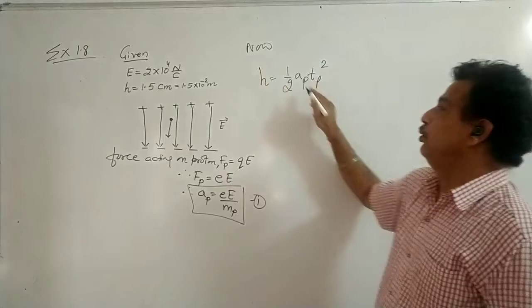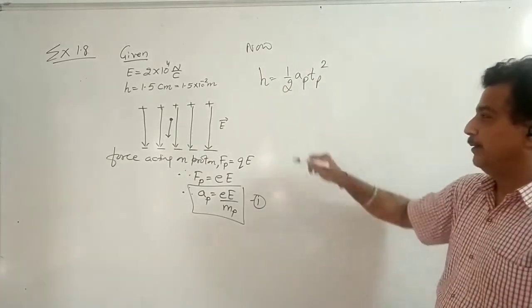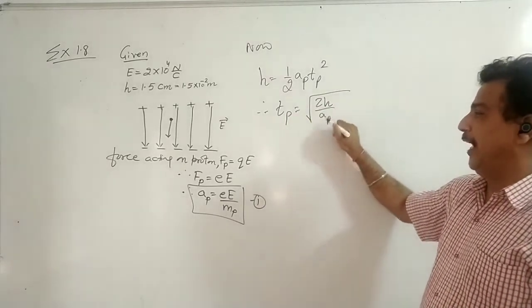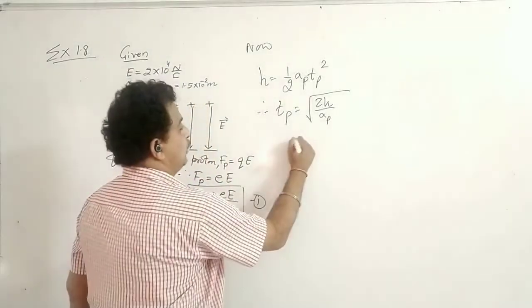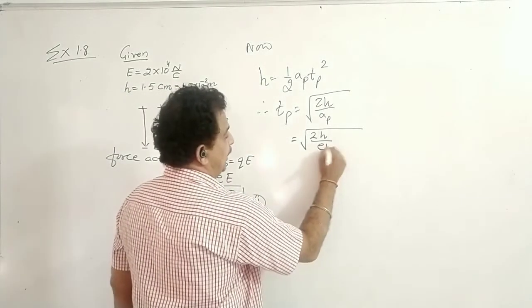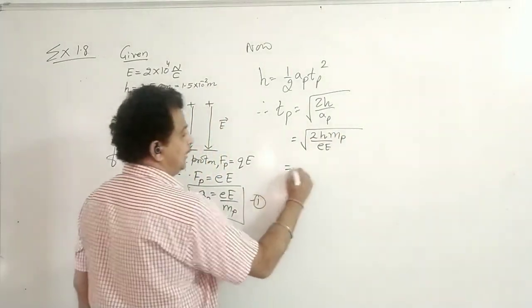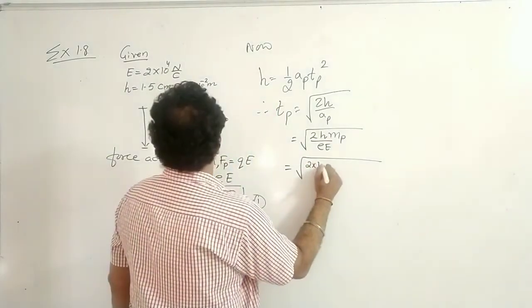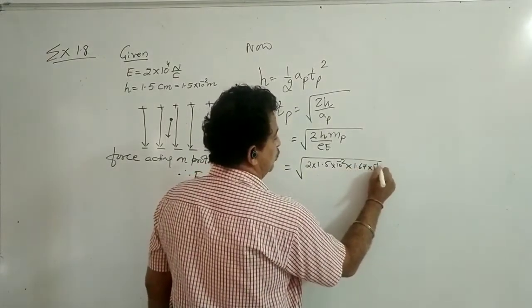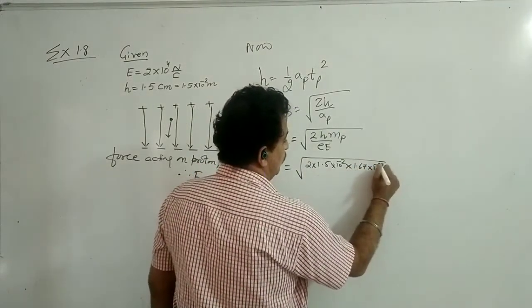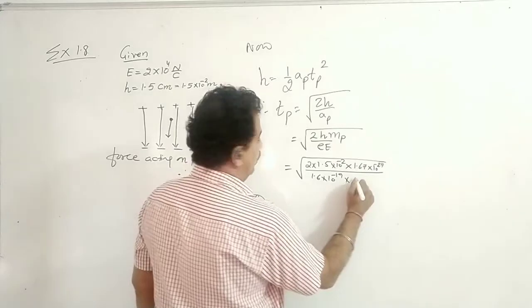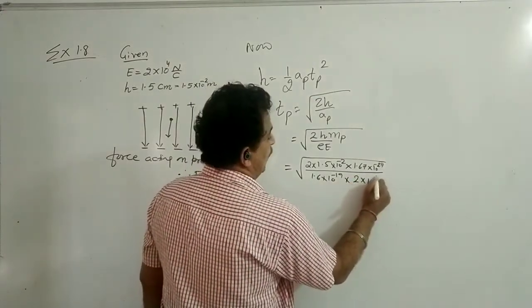Now again we have to find out the time of fall of a proton. Therefore t_p is equal to under root 2h upon the acceleration of a proton. So this is equal to under root 2h m_p upon eE, that is equal to under root 2 into, again the distance is the same for this portion, the mass of proton is 1.67 into 10 raised to minus 27 kg, so that is a constant which we know, the charge is 1.6 into 10 raised to minus 19 into the electric field given is 2 into 10 raised to 4.